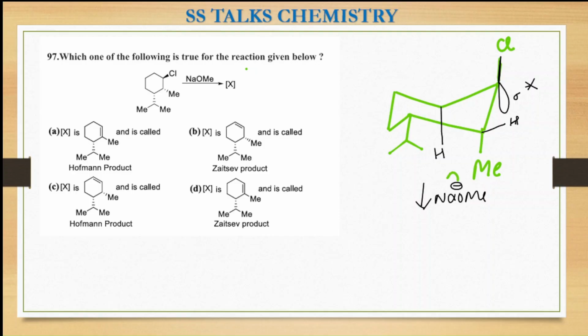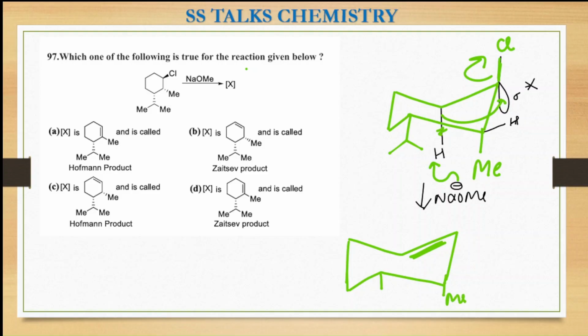So how is the reaction gonna proceed? NaOMe will be abstracting this proton. This sigma bond's electron density, it will be transferred to the sigma star of this one, and this Cl group it is gonna leave from here. So here you will be seeing the alkene formation, it is taking place like this. Here at this position the alkene is being formed. Here the methyl group is at the dash position, and here this bulky group that was present is also at this particular position.